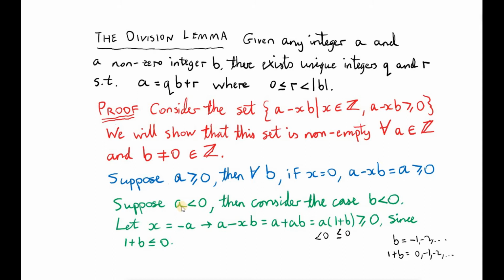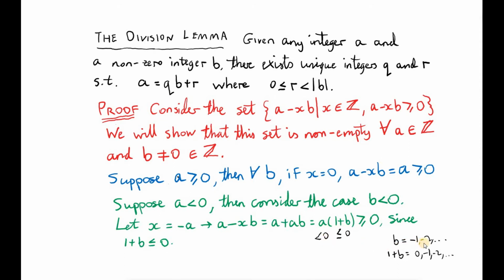Now the other possibility is that a is less than 0, but now we have to consider two cases separately: where b is negative and where b is positive. So let's start with the case where b is negative. We want an integer of the form a minus xb. We can choose x to be anything. If we choose x equals minus a, we'll get a times 1 plus b. a is negative.